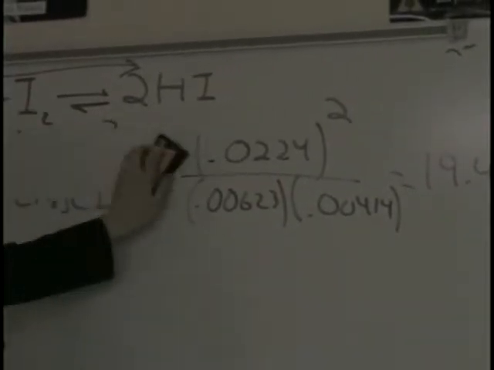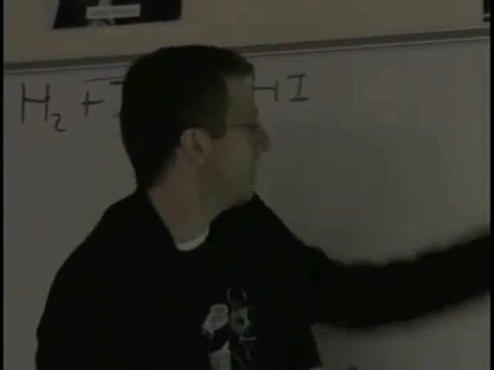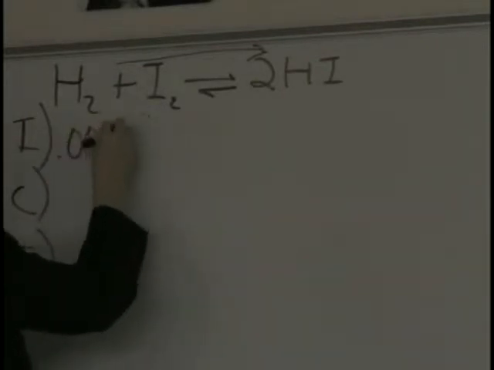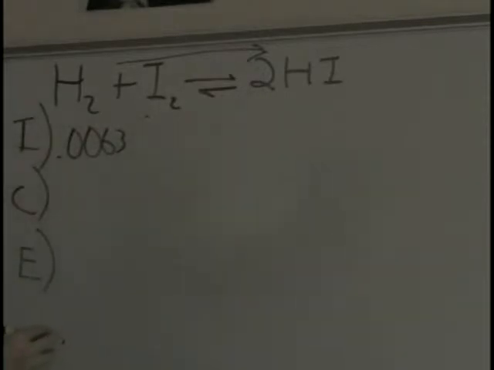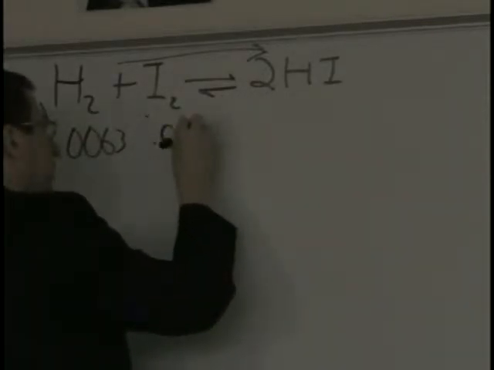Now that I know the reaction is going left to right, what we're going to set up is what they refer to as the ICE method. We're going to figure out the initial concentration, the change in concentration, and the concentration at equilibrium. So initially, my H2 is again 0.0063. My I2 is going to be 0.00414.